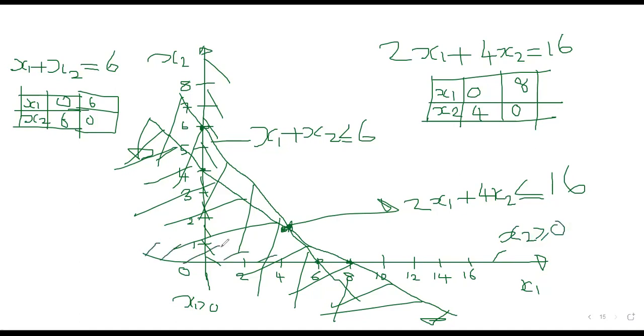So this is the feasible region, this one here. The feasible region is where all the shadings converge, where they come together. So you have this point here, this one, this one, this one. So this is our feasible region. We can solve these two equations simultaneously to find this point here.